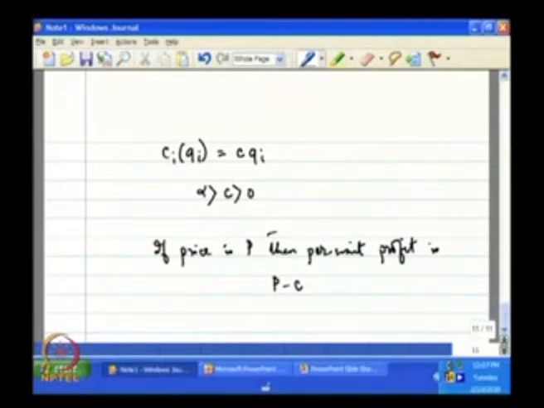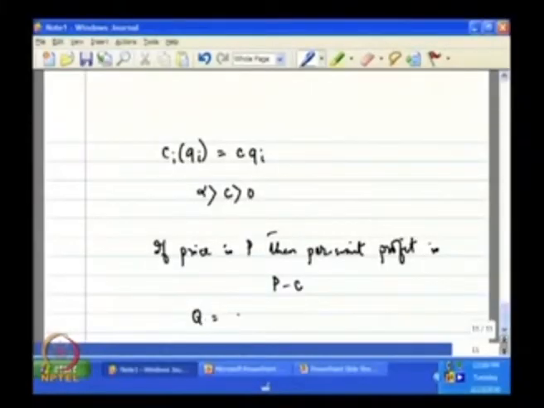For producing that 1 unit of output I am bearing a cost of c, which means that p minus c is my profit per unit. My total profit will be how much? This is the profit per unit. I have to multiply this with the total output I am producing, how many units I am producing.